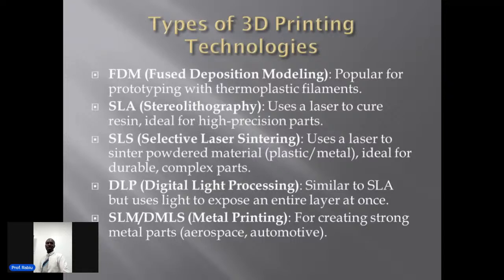We have SLS, which sinters powder material. It's plastic, sometimes metal. It is more durable, and when you are dealing with complex parts, something that you want to send to space, you need to make sure you use some material that cannot be decayed by the atmosphere in that environment.